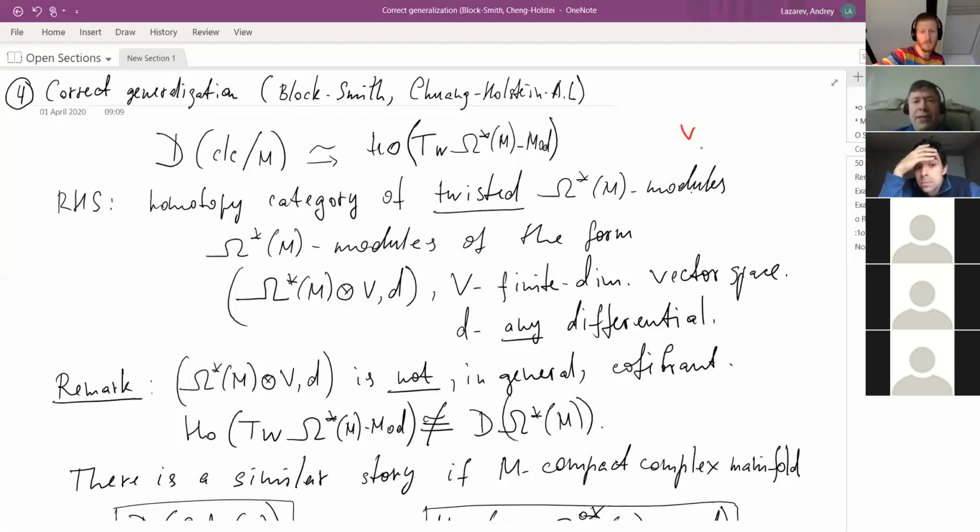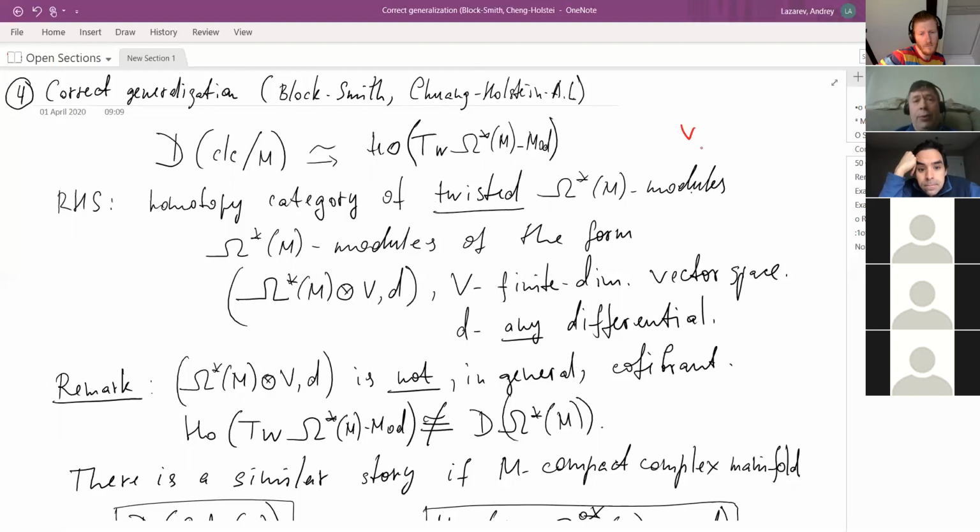The difference between this construction and what's on the right-hand side of this equivalence is that I'm replacing cofibrant Ω*(M) modules with something that I call twisted Ω*(M) modules. Now, what is a twisted Ω*(M) module?